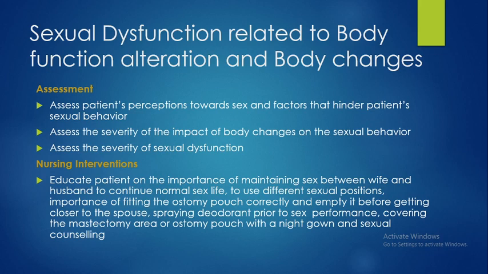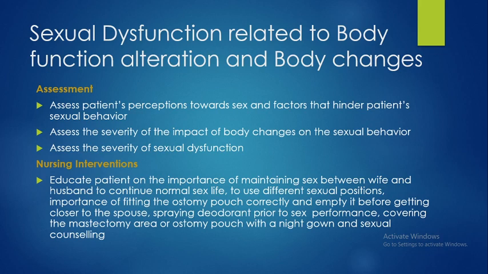Now sometimes the body image may be directly involved in the sexual relationship, but sometimes that loss doesn't have any significant role in the sexual relationship. So we have to assess the severity of the impact of that surgery, right?